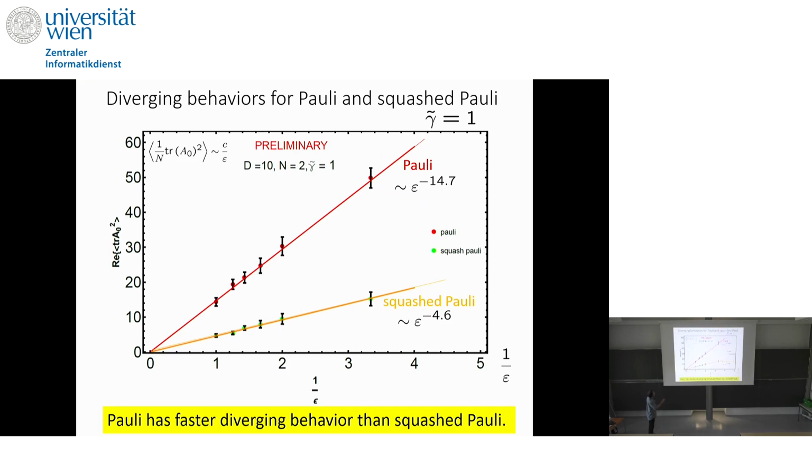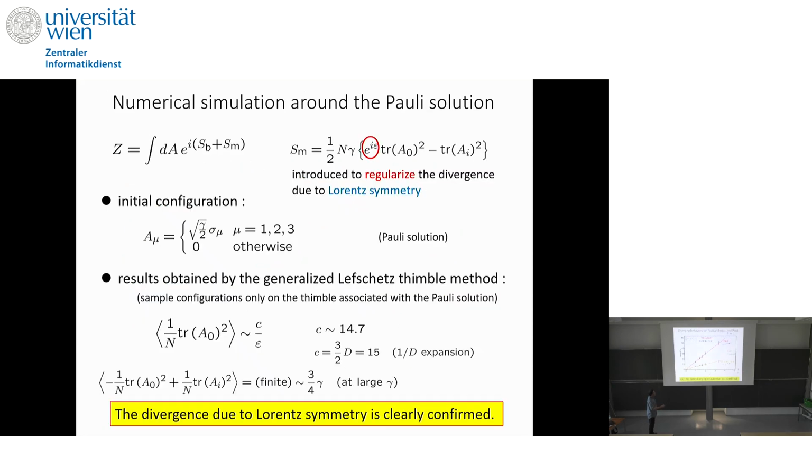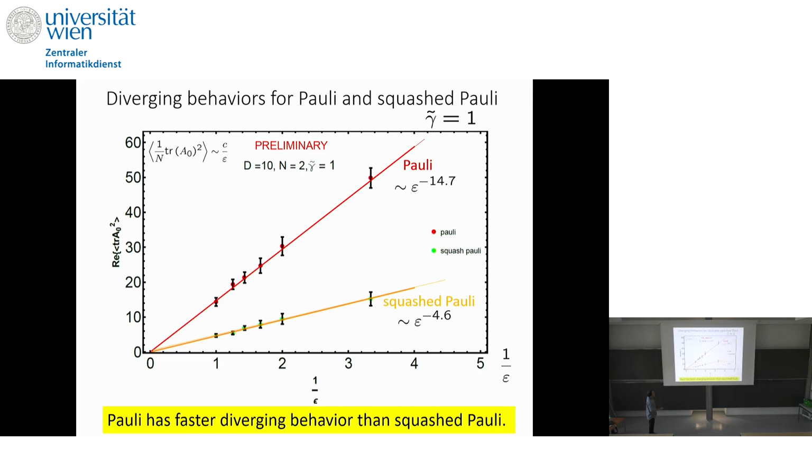So here I plot this quantity. In fact, we take the real part only when we make this plot. And this x-axis is just 1 over epsilon, where epsilon is this convergence factor we introduced for the temporal direction. And we see a very nice 1 over epsilon diverging behavior as we go to smaller and smaller epsilon.